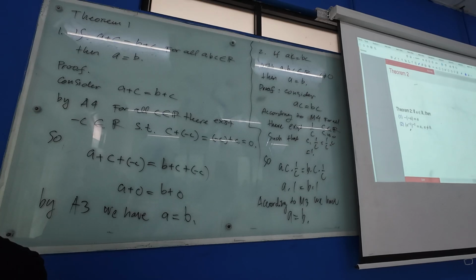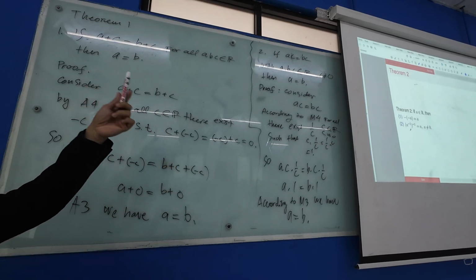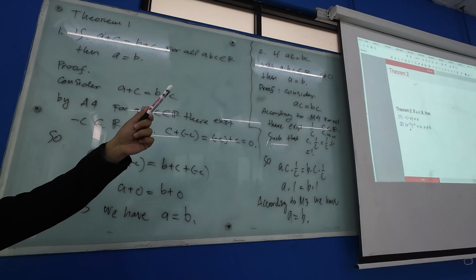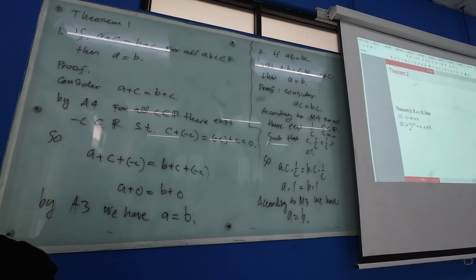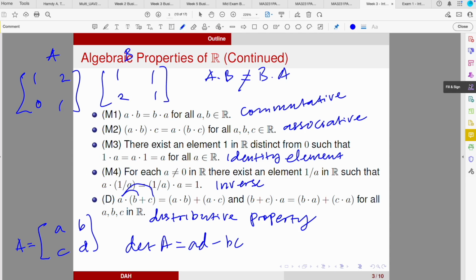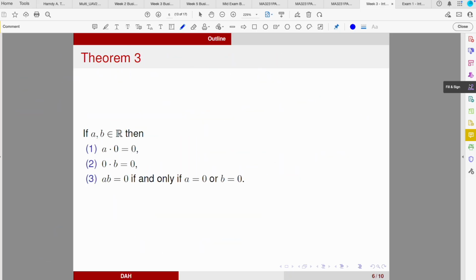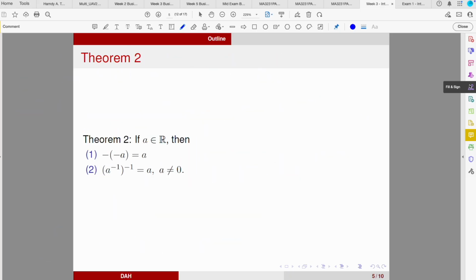To recall, this one is called the canceling law, because if you see AC equal BC, you can cancel C. If A plus C equal B plus C, you can cancel C. That is the canceling law. And your tools is this one, not this one. Minus of minus a real number is that real number.